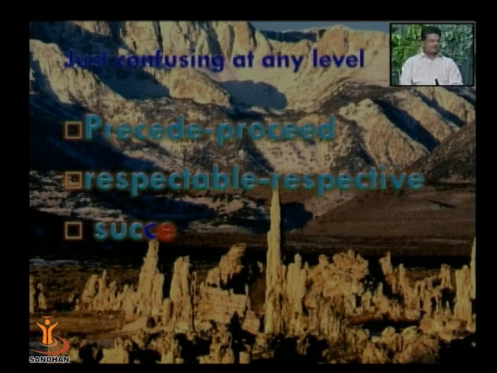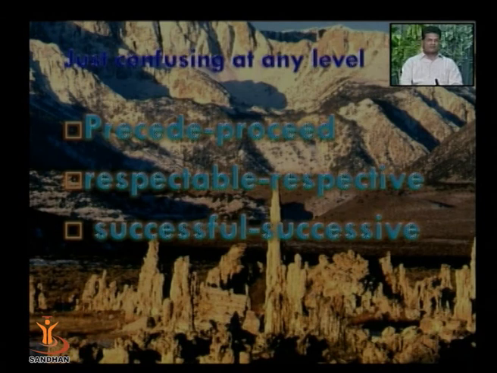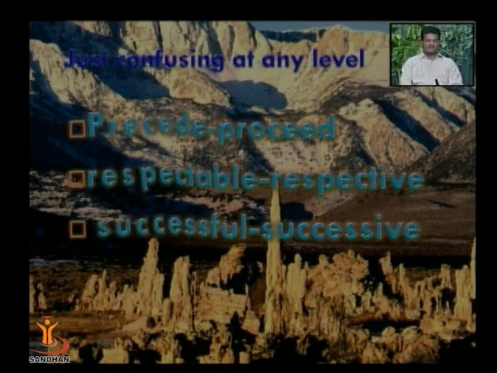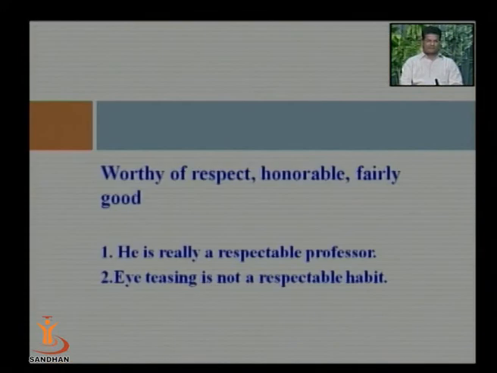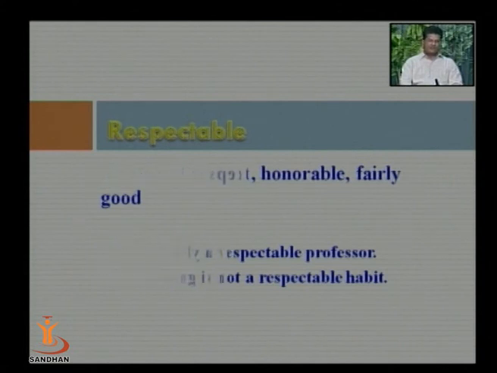Now, just confusing at any level. There are a few pairs of words. They are confusing at any level. Precede, proceed, respectable, respective, successful and successive. Now first is respectable, worthy of respect, honorable, a fairly good person, one whom we should respect.